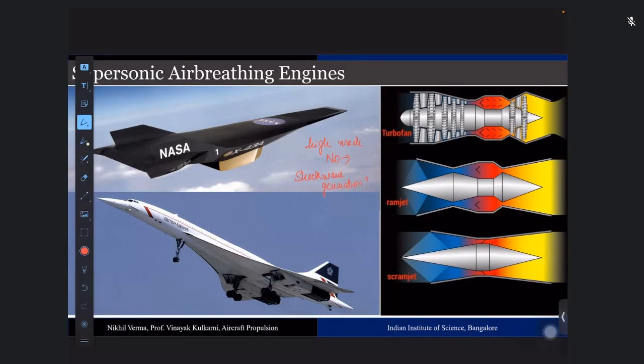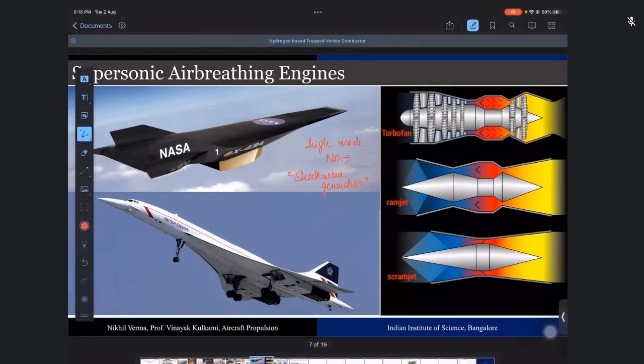So at higher speed, these turbofans will create individual shocks, and these shocks are the reason for creation of inefficiency. They make the system inefficient because there is something known as stagnation pressure loss.